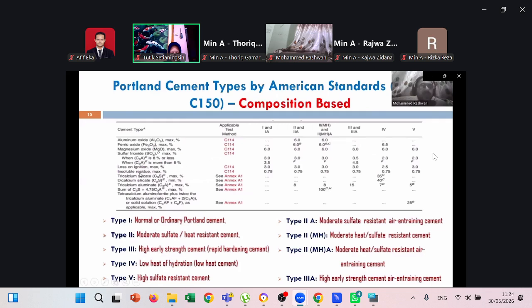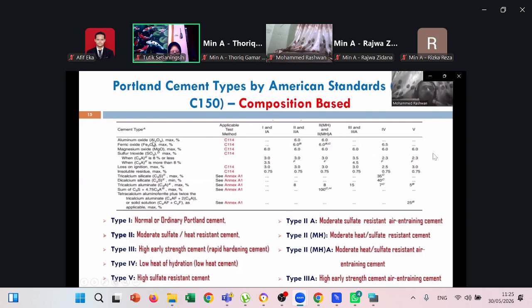Also loss on ignition and insoluble residue, in addition to phase composition: C3S, tricalcium silicate, C2S, dicalcium silicate, and C3A, tricalcium aluminate, at the maximum or minimum percent must be satisfied for each type of cement. For type 1, this is normal or ordinary Portland cement.